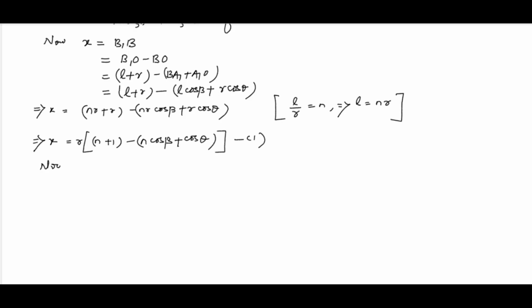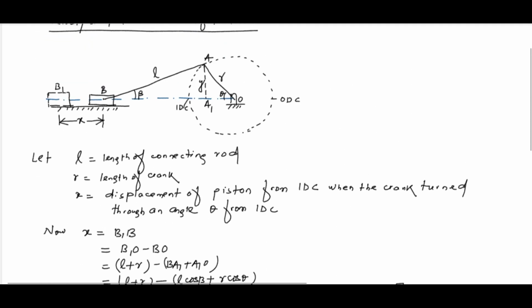Now cos beta is equal to root over of 1 minus sine square beta, which from the geometry we can say is root over of 1 minus y square by L square. Here, if you look at the geometry, sine beta will be y by L, so sine square beta will be y square by L square.